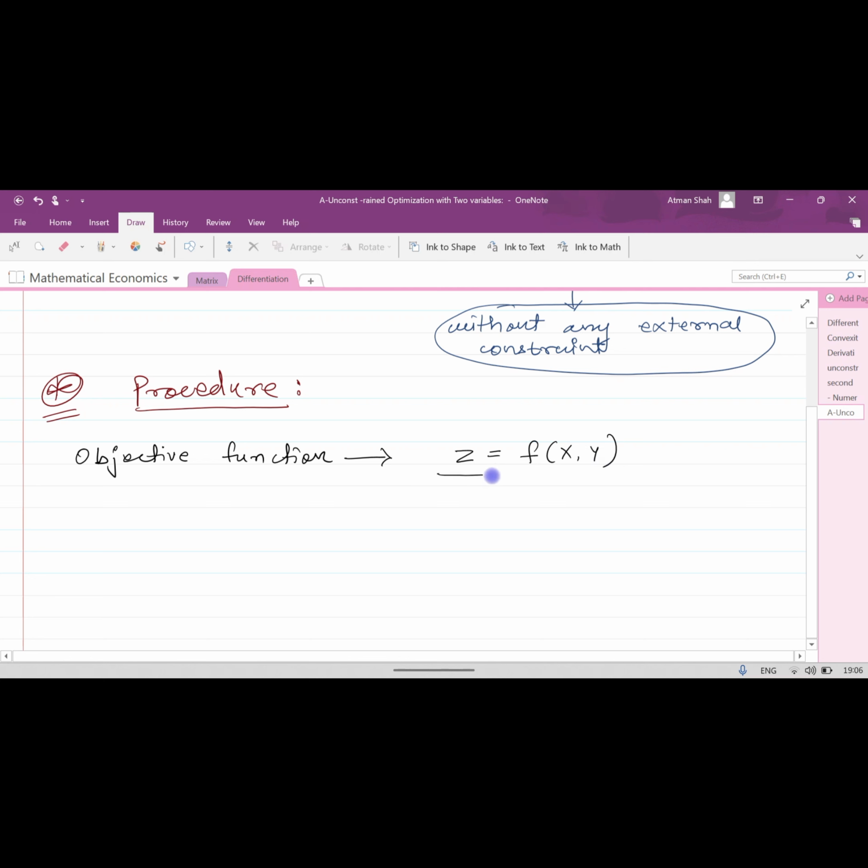Now we want to optimize this function, and there is no external constraint.